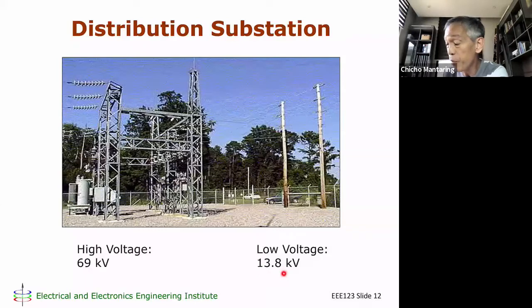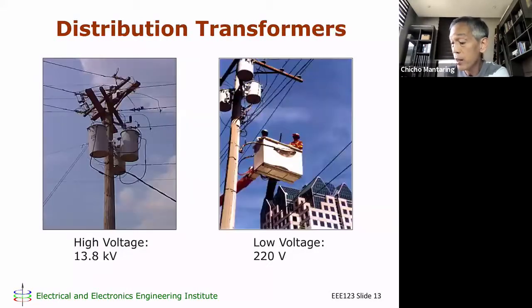So this is immediately before reaching the transformers outside of your homes. And then outside of your homes, that's from 13,800 volts to, actually, Meralco is 230 volts. I think it's 230, not 220 volts. So that is why electric power is distributed that way to reduce losses. Any question with regard to that?